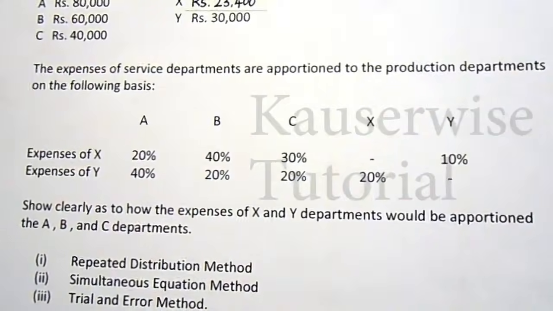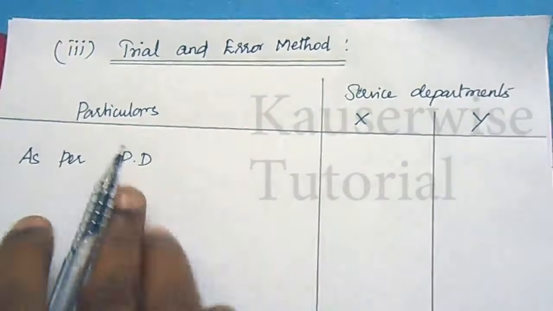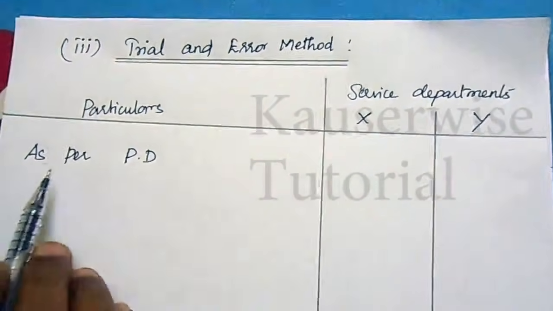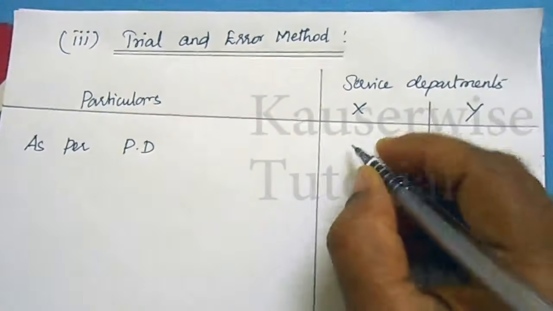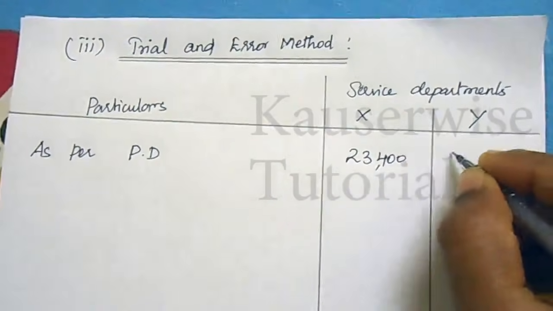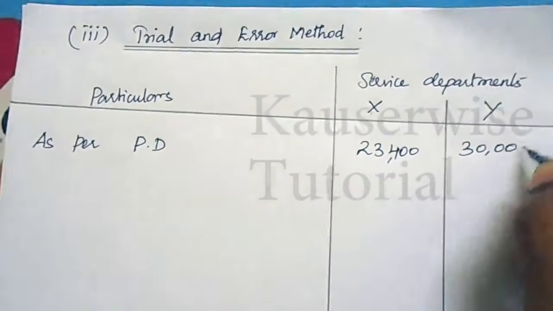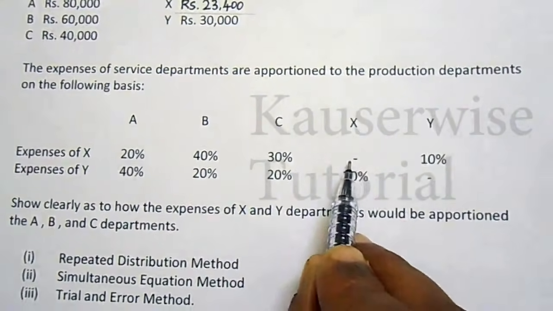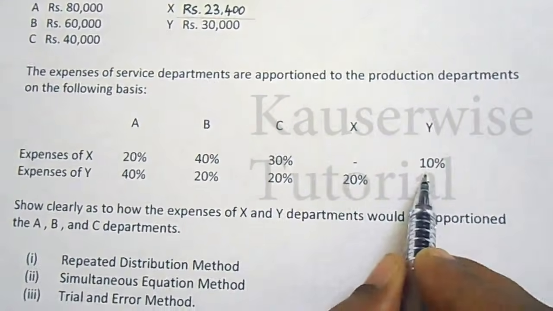We'll see the calculation. According to the trial and error method, here is a particular column and two service departments X and Y. As per primary distribution, X value is 23,400, Y value is 30,000. Look at the first one. Expenses of X is transferred to Y at 10%.